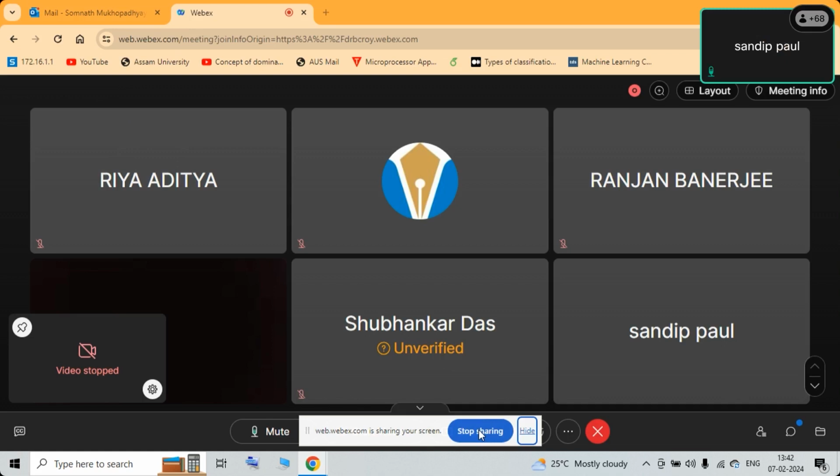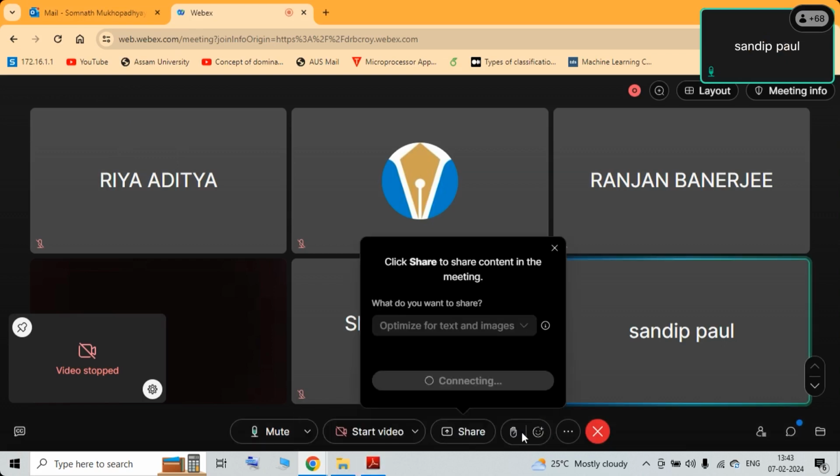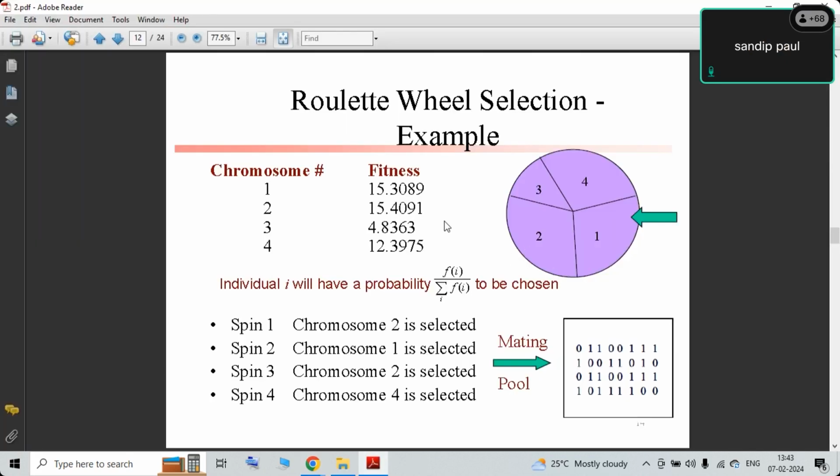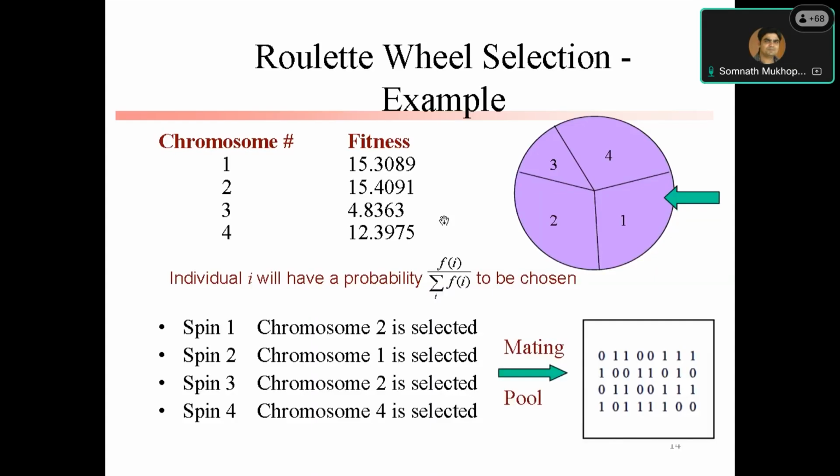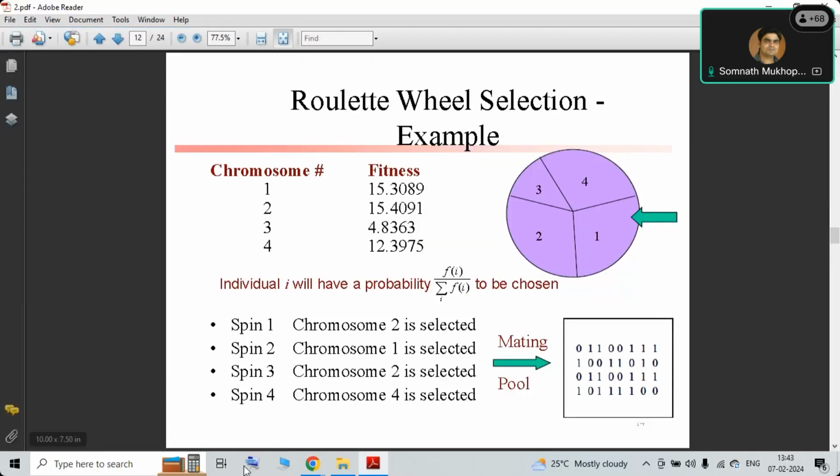Slide number 14. Just a minute, I'm sharing again. Is it the roulette wheel selection you are saying? Yes, sir.